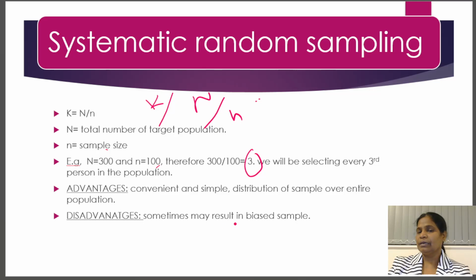Sometimes it may result in a biased sample. If a researcher wants to conduct a study on every 10th student coming to a library, some characteristics like height, appearance and personality traits are missed, so bias can occur if we just take systematic random sampling.